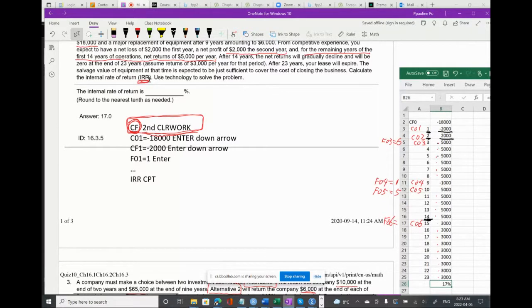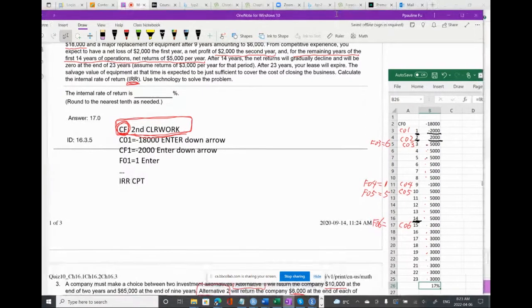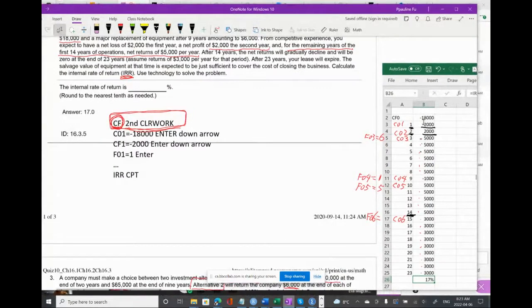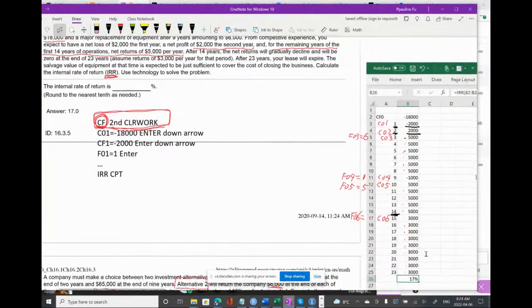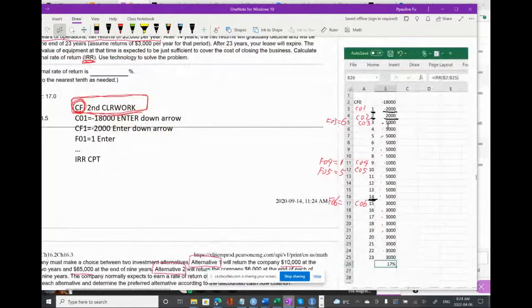Now I will introduce two methods. Method 1, Excel method. For the Excel method, you just type in all these numbers here. Based on the description, after typing all the numbers, you use the Excel IRR function, and then select cell range B2 to B25.